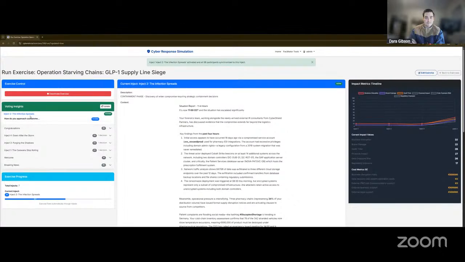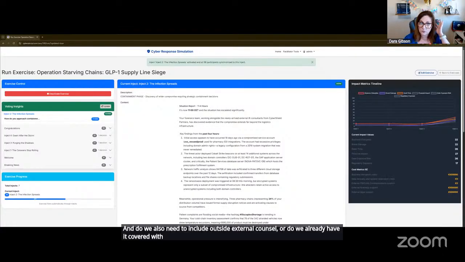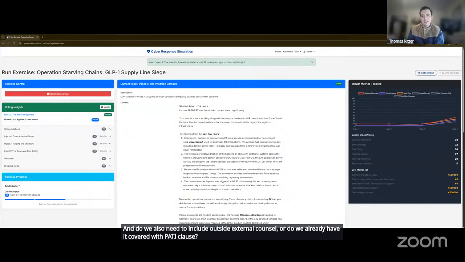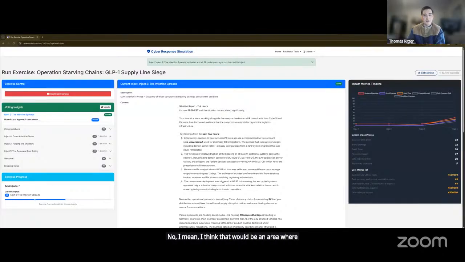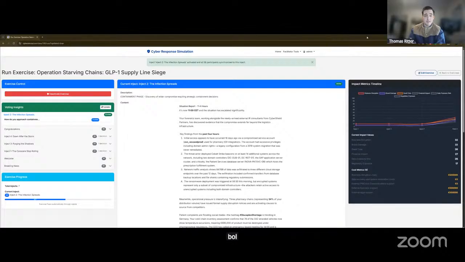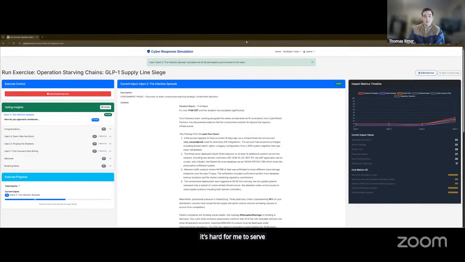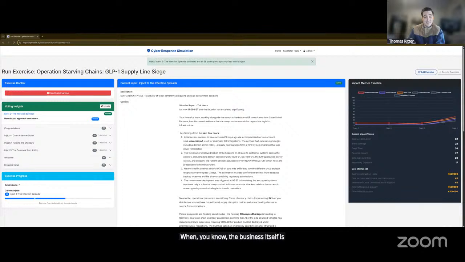Right. And do we also need to include outside external counsel, or do we already have it covered with Patty Claus? No, I think that would be an area where we're going to want outside external counsel to really bolster the argument that attorney-client privilege is in place, right? As general counsel, it's hard for me to serve as a disinterested party when the business itself is paying me as an employee.